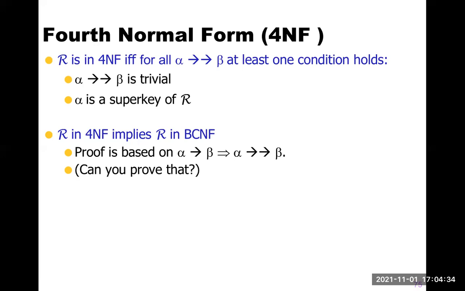And multi-value is only when they are completely disconnected, completely independent. Then I may store them independently and don't store all the combinations. I know that all the combinations are possible, and that's it. So if I can find a multi-value dependency, that leads to simpler storage.